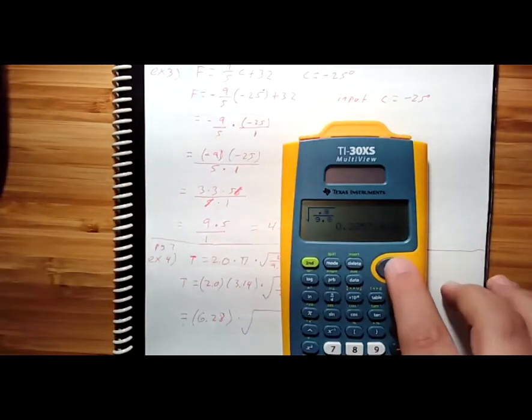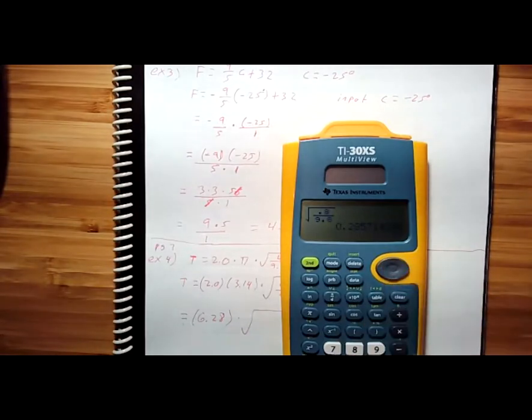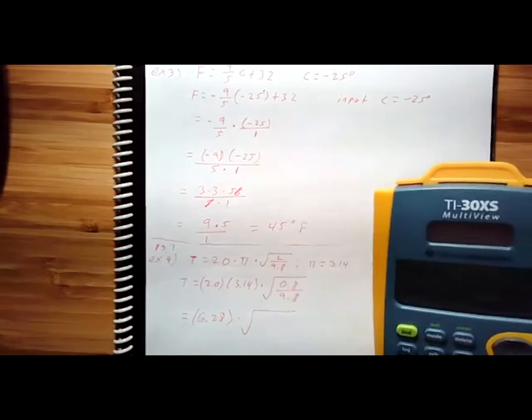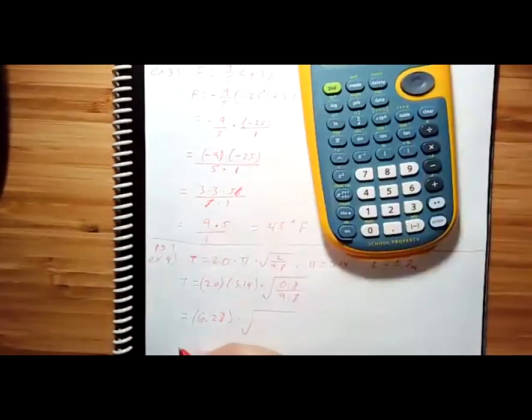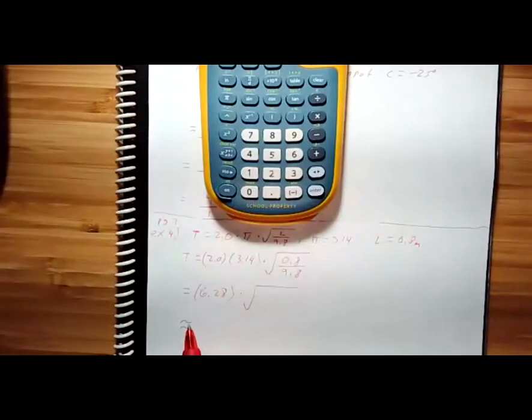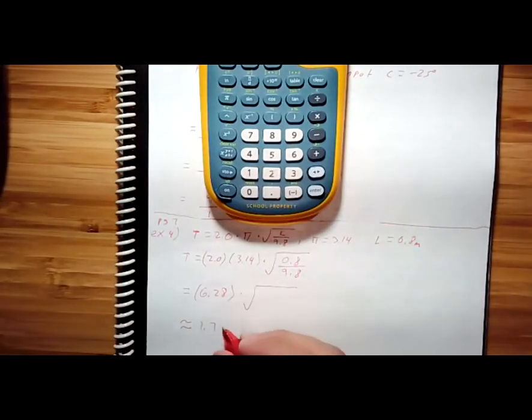Okay. Multiply this by 6.28. And we can round to 2 decimal places. That's what the question said. Once you start rounding or using your calculator, use the symbol for approximation. It's going to be approximately 1.79.